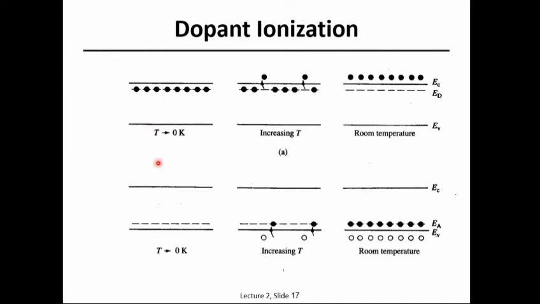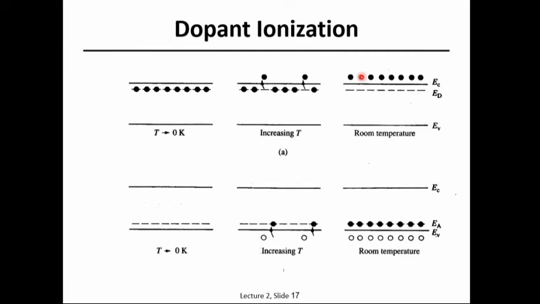If we look here, at 0 degrees Kelvin, the electrons donated from the element in column 5 will all be sitting here. If I increase the temperature, some of the electrons from the ionized level will go into the conduction band until I reach room temperature.